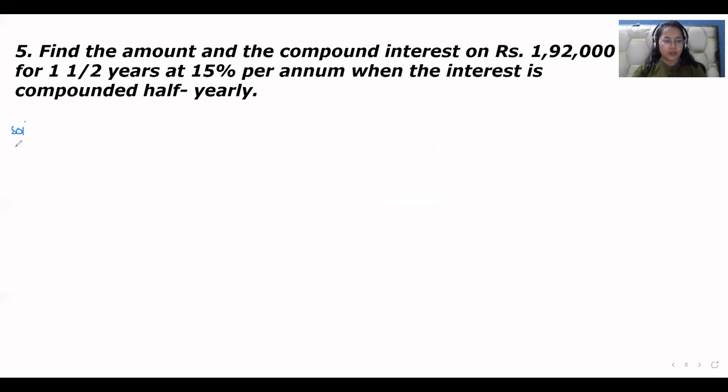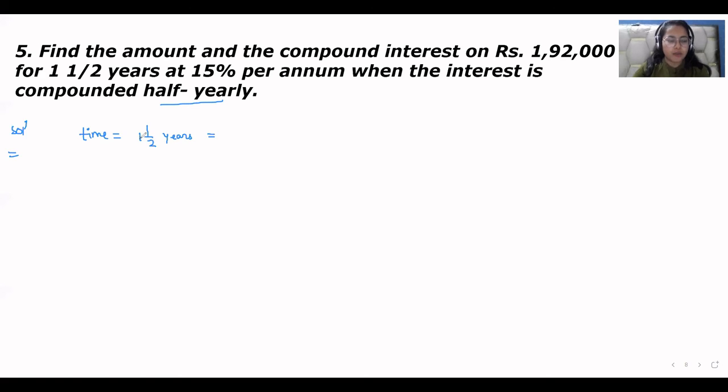Now read this question. Find the amount and compound interest on rupees 1,92,000 for 1.5 years at 15% per annum, when the interest is compounded half yearly. If the interest is compounded half yearly, we have to change our rate and time. So let's do it. Our time is 1 and a half years.